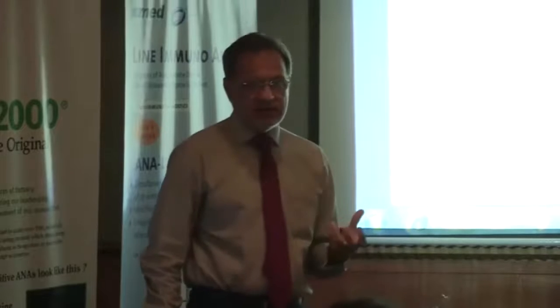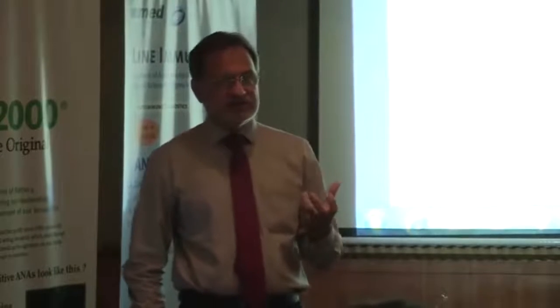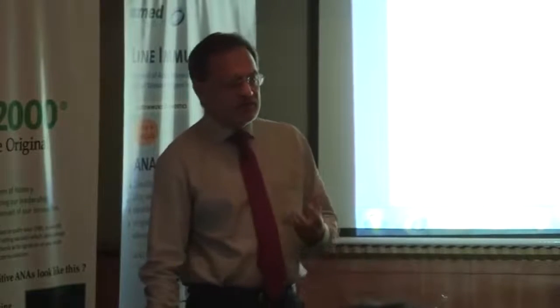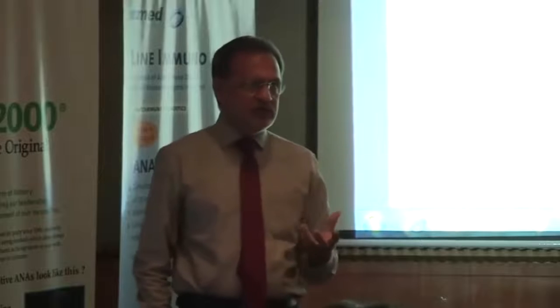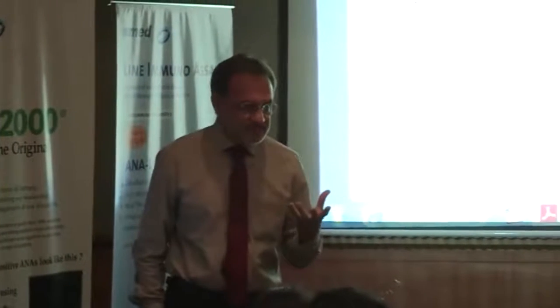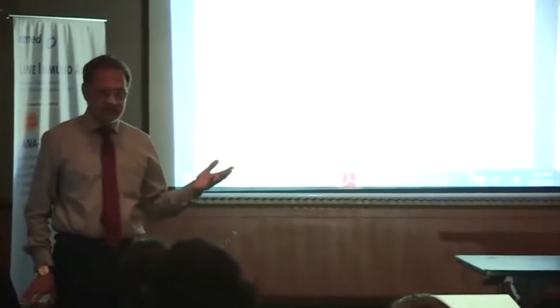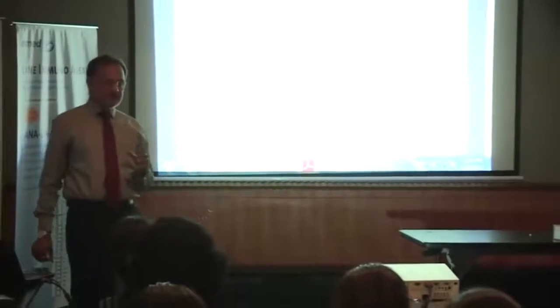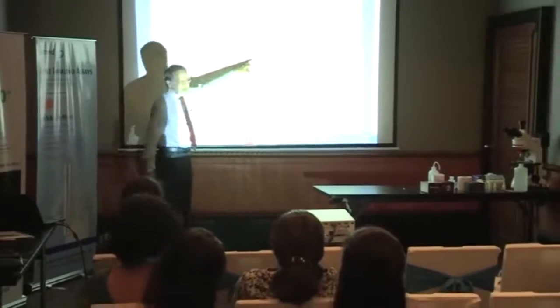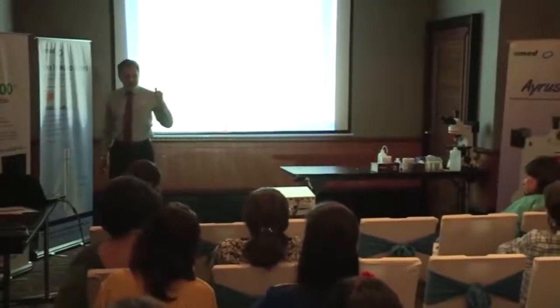Whenever you see ANA with a speckled pattern, your target is ENA. When you are doing ANA and you see a homogeneous pattern, your target is DNA first, and if DNA is negative, then you go for others like histone or something else. So 3 tests initially should be considered for diagnosis, not a single test.